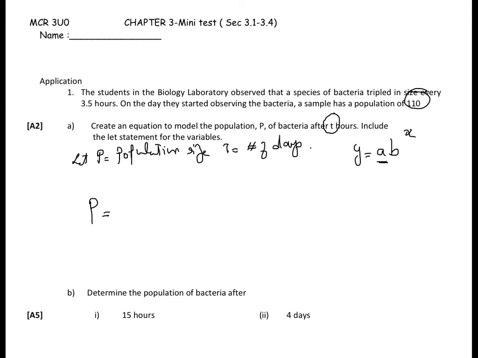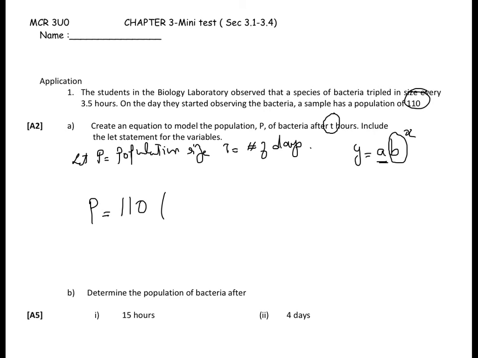A was the y-intercept, which is the initial value. The initial value is 110 times. B is the ratio. Remember that the problem says that it triples every 3.5 hours.